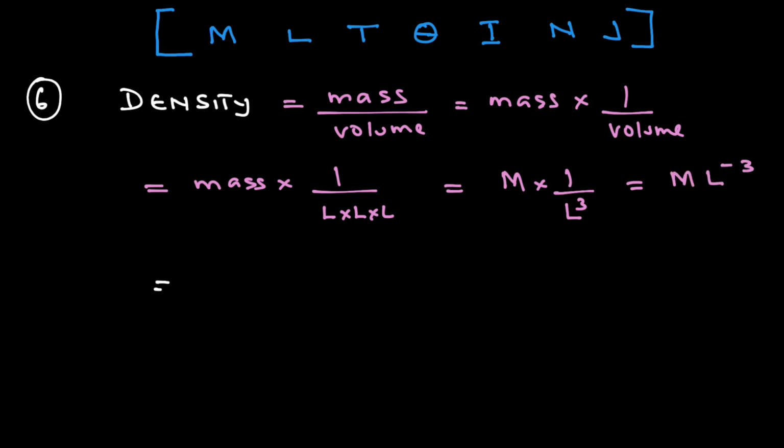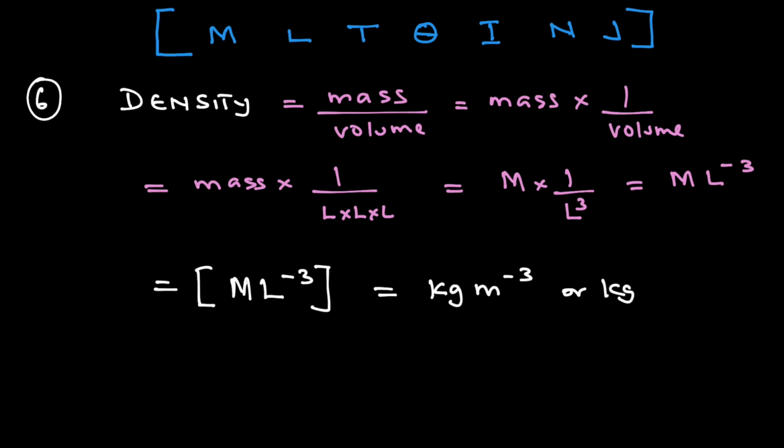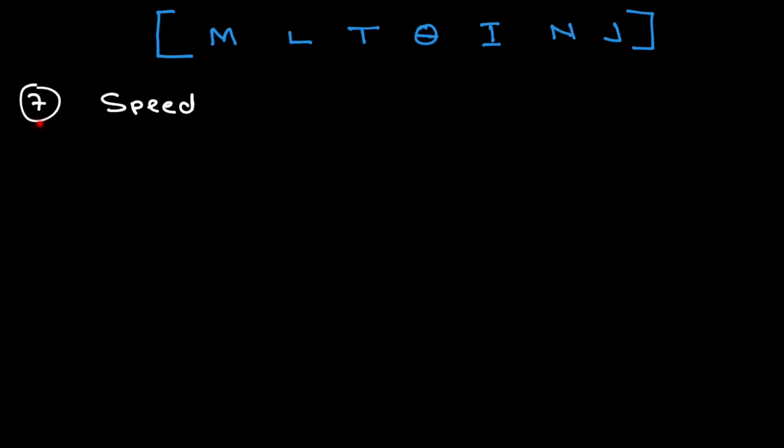So for dimension, it's going to be square bracket ML to the power minus 3, and the unit will be kilogram per meter cubed. Or you might use kilogram per decimeter cubed, or you might use kilogram per centimeter cubed. So this is the unit.